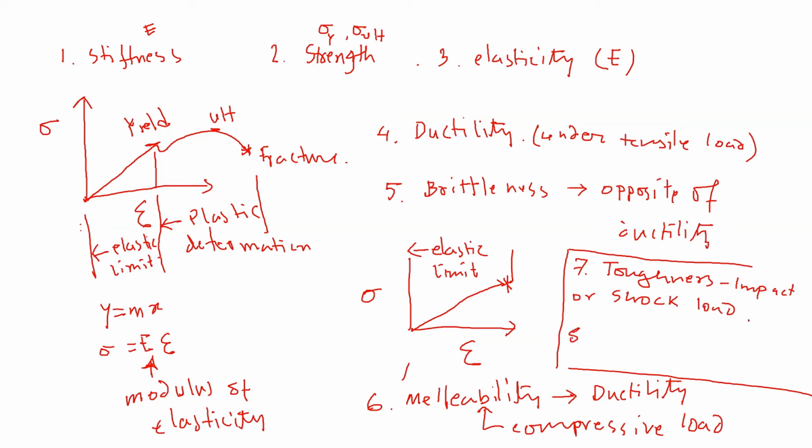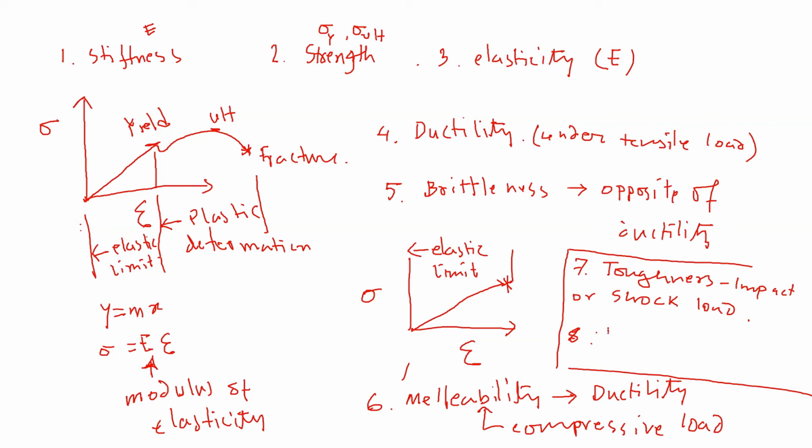You can think of steel can take a lot of impact. However, glass, concrete, brittle material cannot really take any shock load at all. So basically, toughness can also be defined by the area under the curve of that plastic region, so amount of plastic deformation. So if the material is more tough, the area under the stress strain curve in the plastic deformation region will be higher.